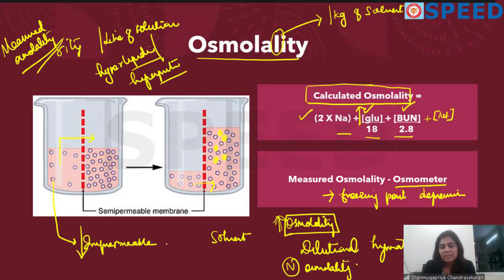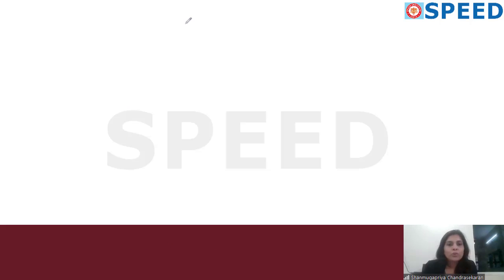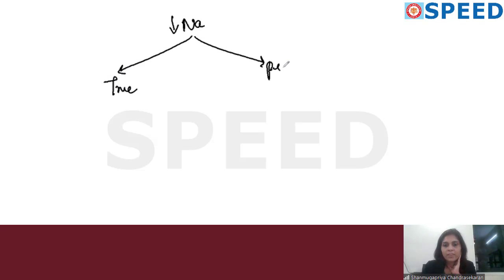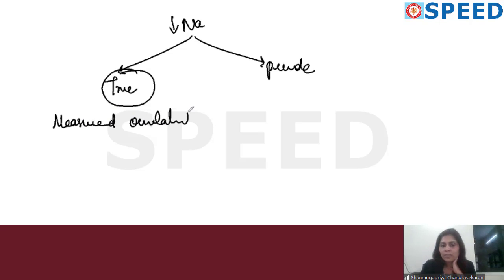So you find a case of hyponatremia. You want to know whether it is true hyponatremia or pseudo-hyponatremia. If it's true hyponatremia wherein the sodium value is low, measured osmolality will be definitely low.